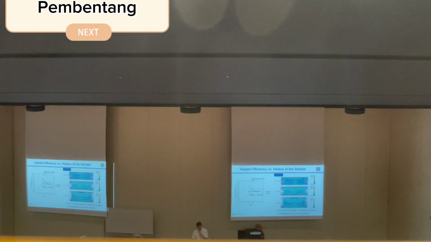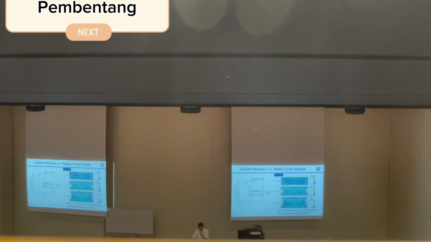I was talking about 915 MHz, and this time I'm going to talk about 2.45 GHz input. Efficiencies are mostly higher than 80%, but only at this point with R equals 50 millimeters, the efficiency was lower than 80%. Let me briefly talk about why this happens.